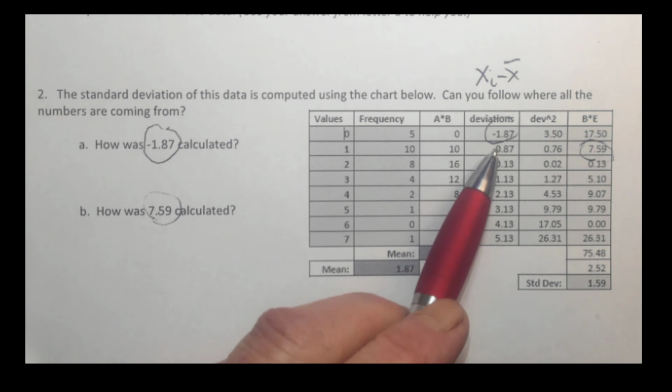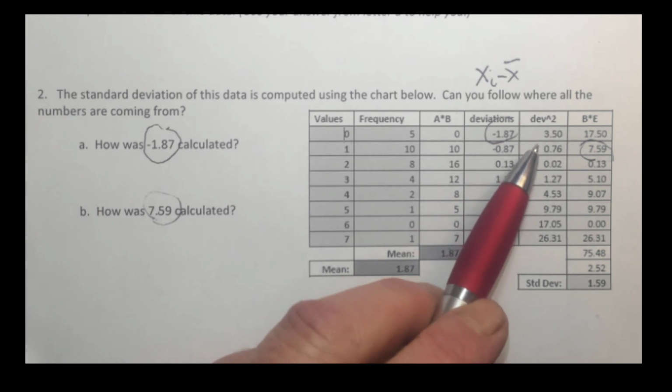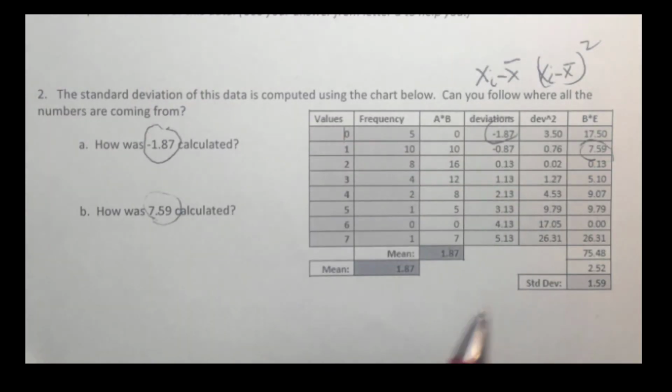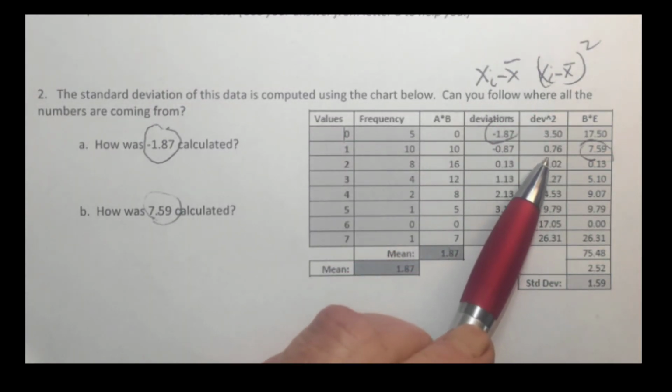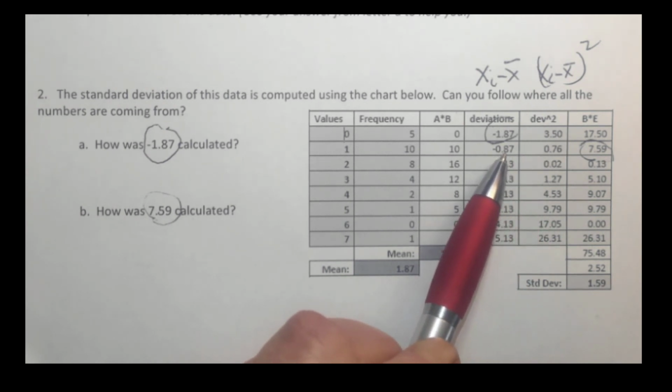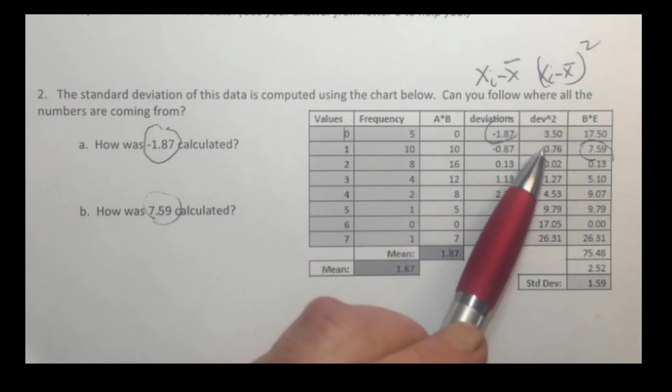So we got a negative 0.87. This is the deviation, and then they squared the deviation, and that's 0.76.